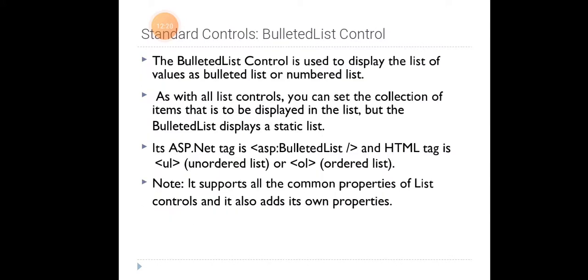Next, the bulleted list control. The bulleted list control is used to display the list of values as a bulleted list or numbered list. Just like our list controls, we can set the collection of items that is to be displayed in the list. But it is a static list.